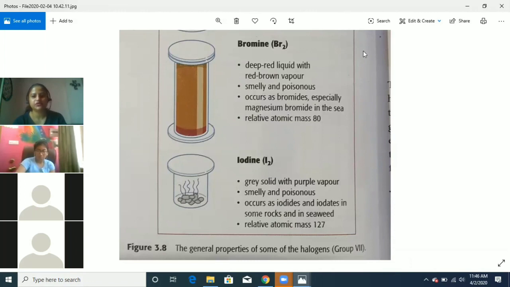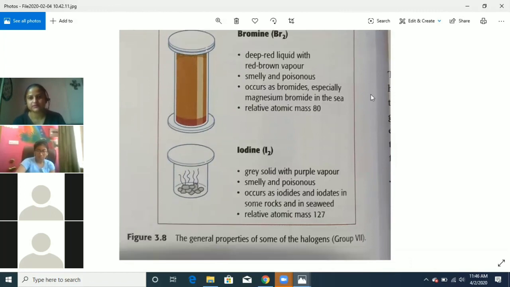Okay, so you can see that fluorine is a gas, chlorine is a gas, bromine is a liquid, and iodine is a solid. And for astatine, no color is given in your book, but astatine is black in color, and astatine is a radioactive element. A radioactive element disappears day by day by emitting some radiation.